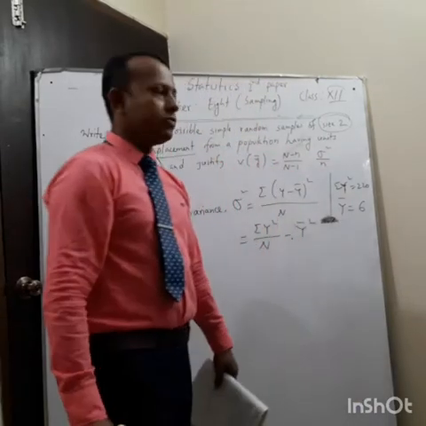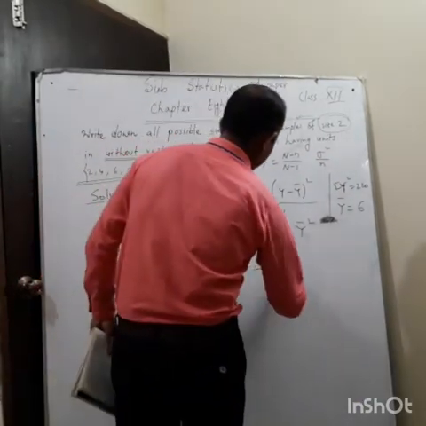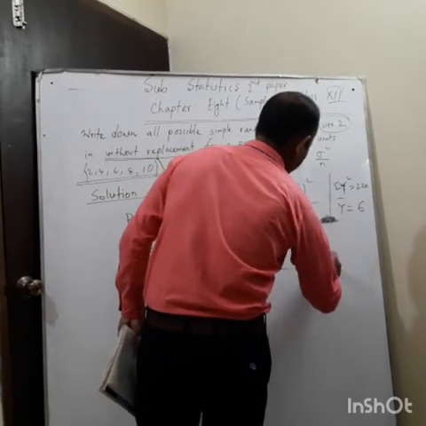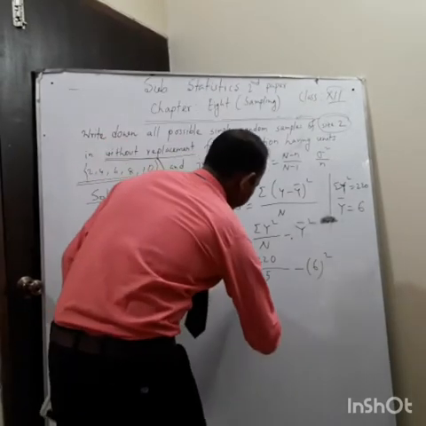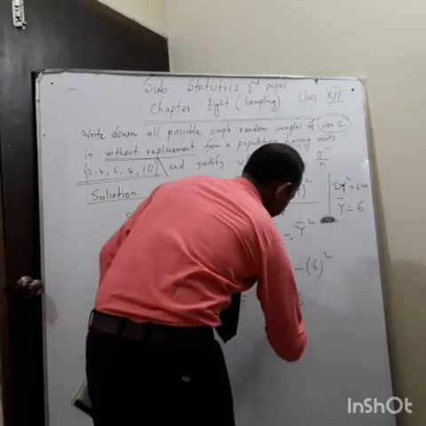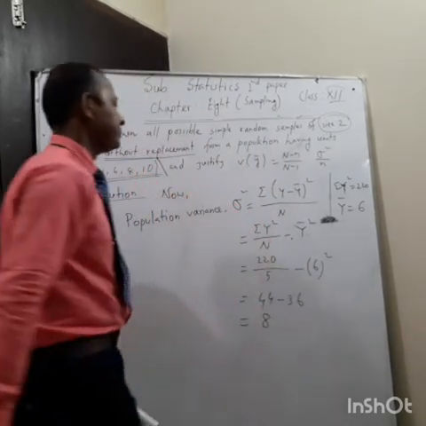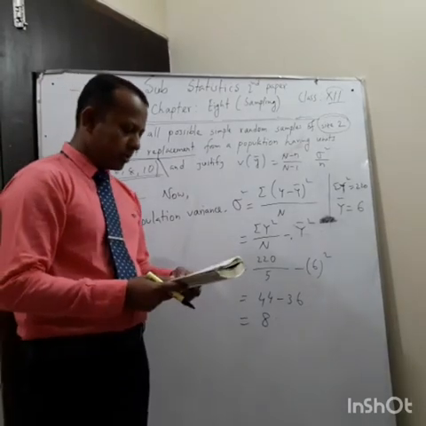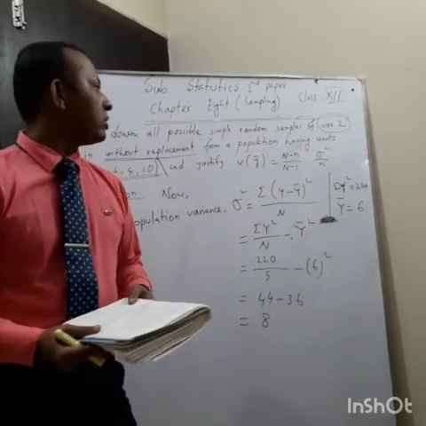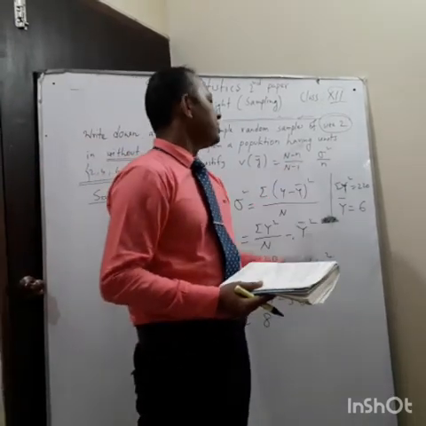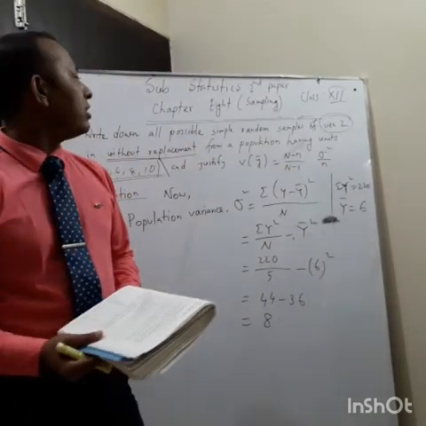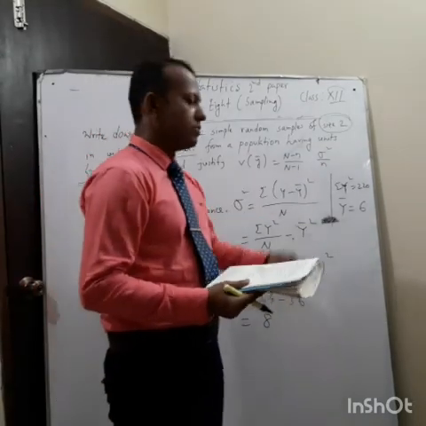Just replacing the values, we get 220 divided by 5 minus 6 whole square. So it is 44 minus 36, that is 8. So we get the value of sigma square equal to 8. Now just replacing the values of capital N, small n and sigma square, we will get the value of this.